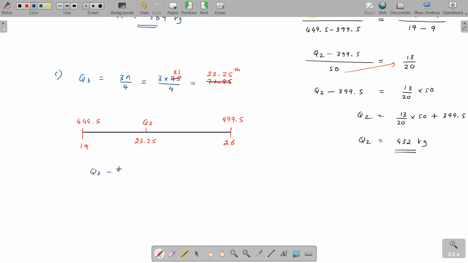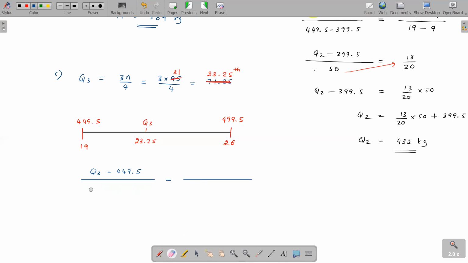So let's go for the interpolation. Q3 minus 449.5, divided by 23.25 minus 19 equals 26 minus 23.25 over, sorry, I'm sorry.